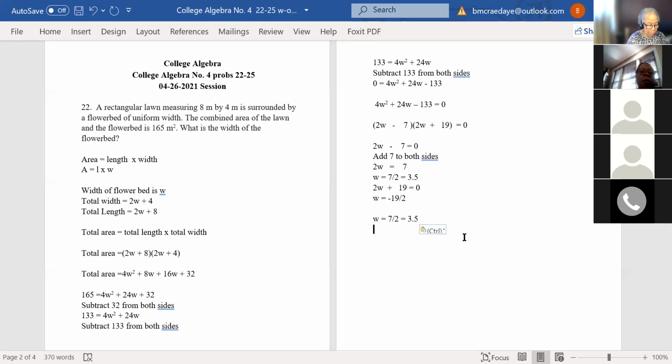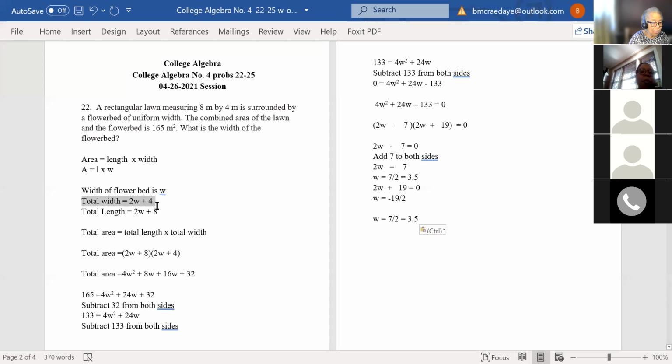The total width, I think we put it there as 2 times the W plus 4. So substitute in this formula for your total width and put in your 3.5.